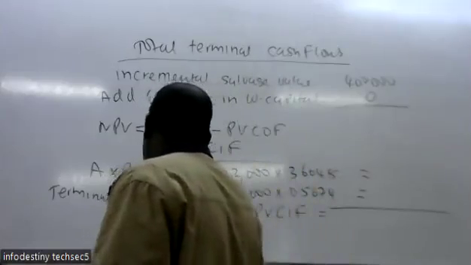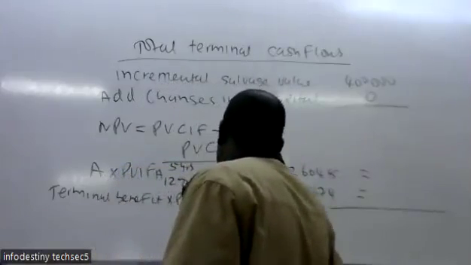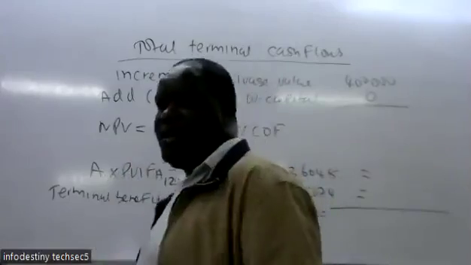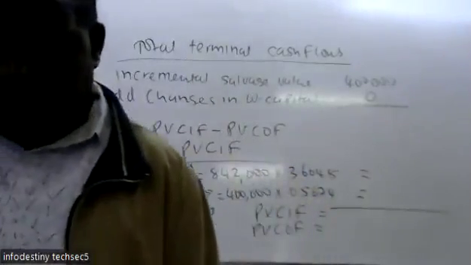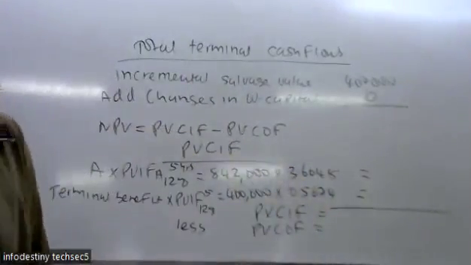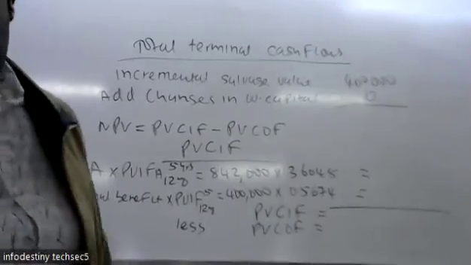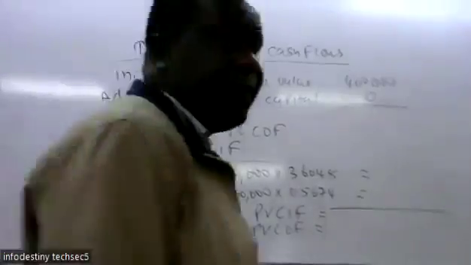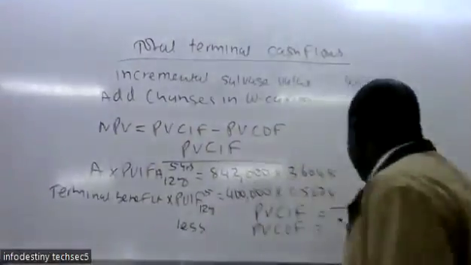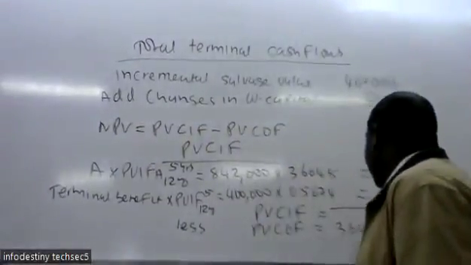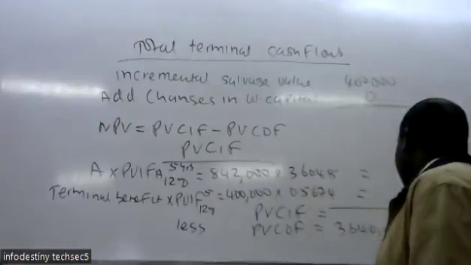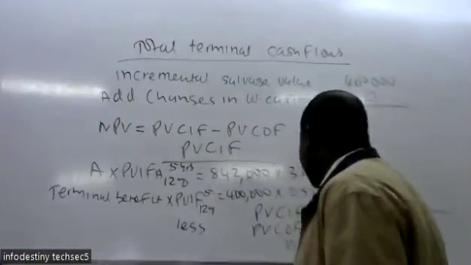Then you will be required to less present value for the cash outflows, which was our step number 1. Our step 1, we got 3,640,000. So that you get the NPV.